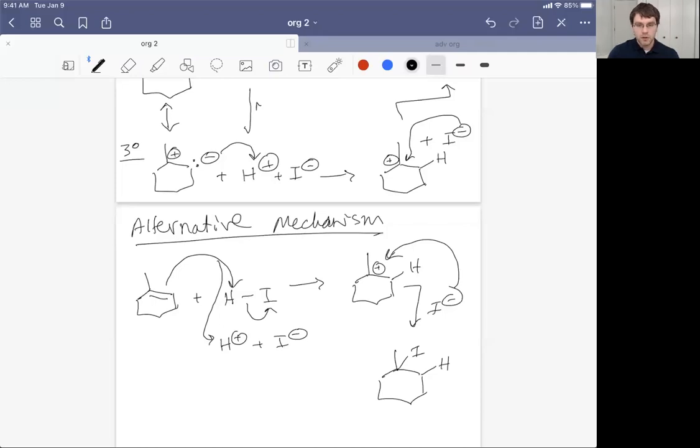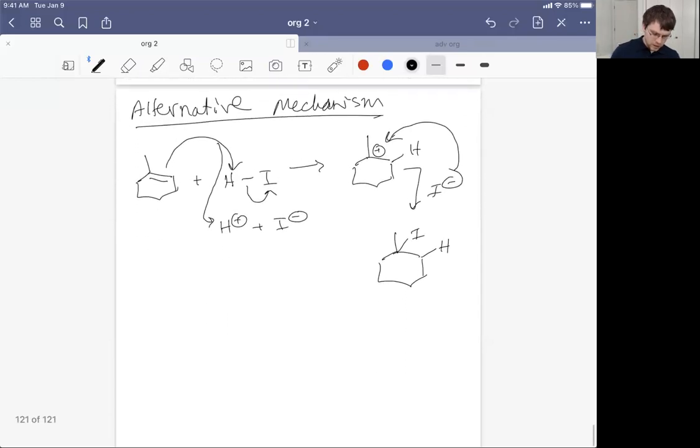So what we can do to kind of mix things up a little bit is to consider, what if we do this in water with an acid that doesn't have as good of the acid that's used in low concentrations or doesn't have a nucleophilic conjugate base. Okay. So this is called the hydration of alkenes.